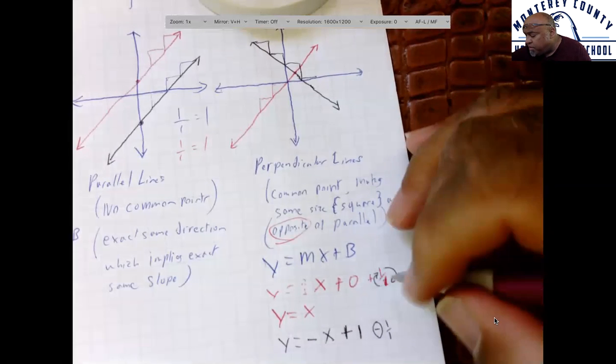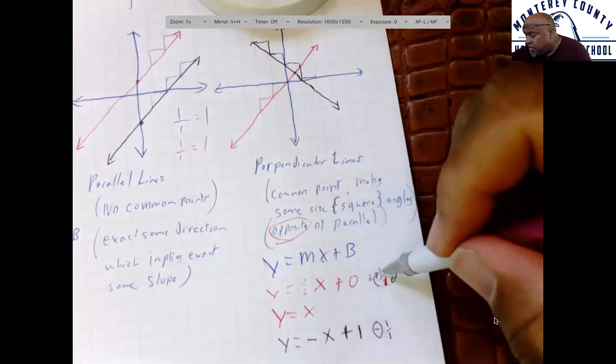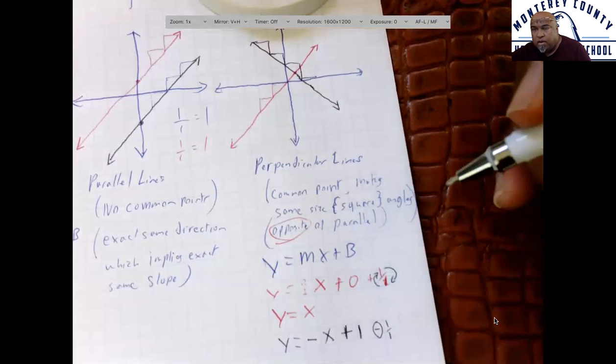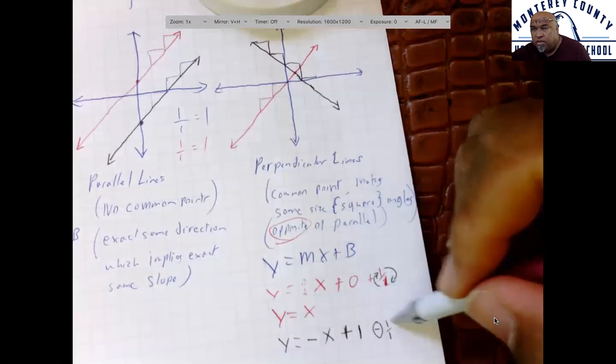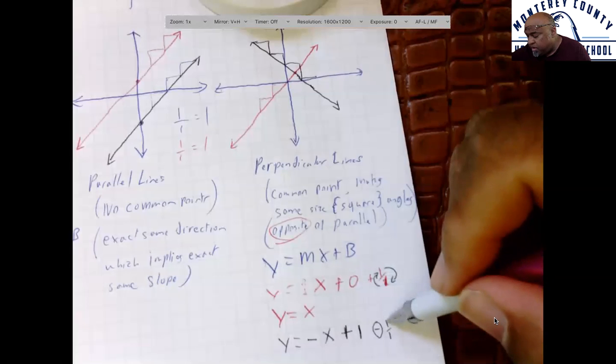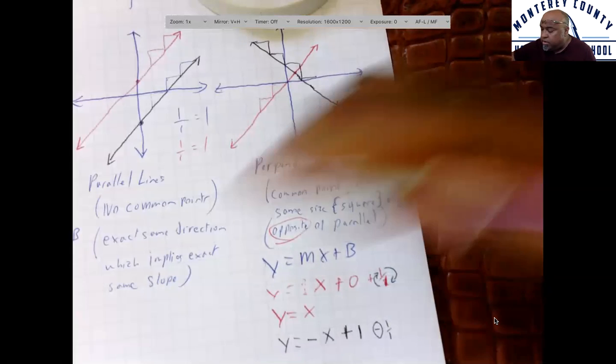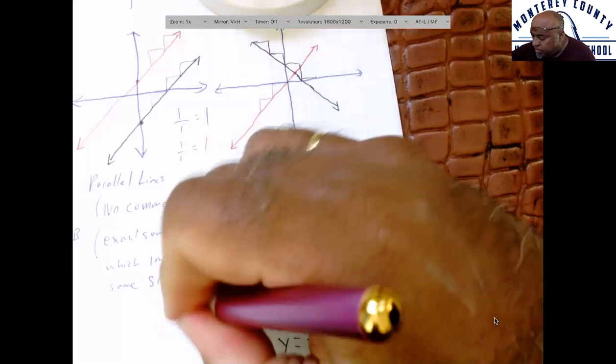Now, I probably should have picked a better example because 1 over 1, if you flip it, still looks like 1 over 1. But the idea is that these two numbers are flipped. So the rule for perpendicular lines is that they are opposite reciprocal of parallel lines.